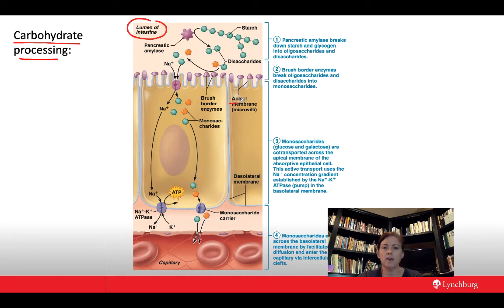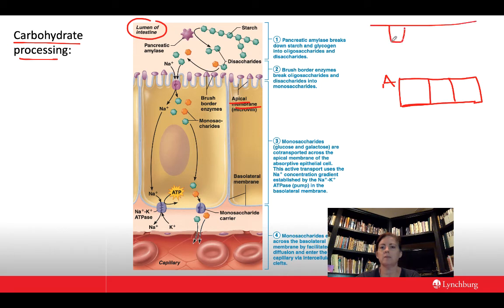This is going to be the apical membrane, because if you remember, cells have an apical surface and a basal surface. This surface here of the cell is going to be apical because it's going to be open.